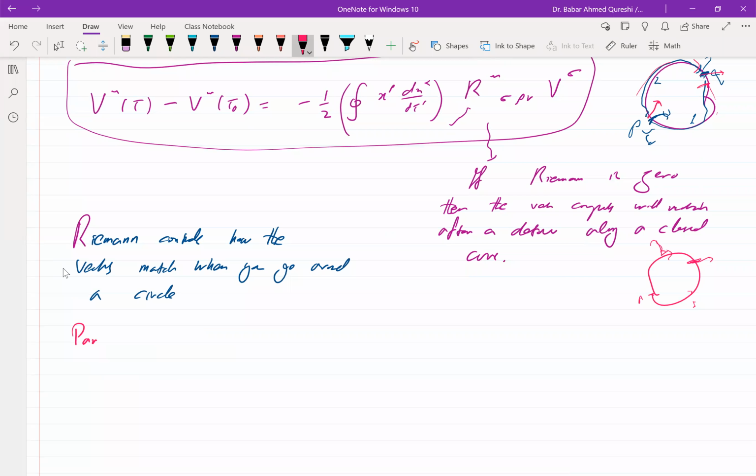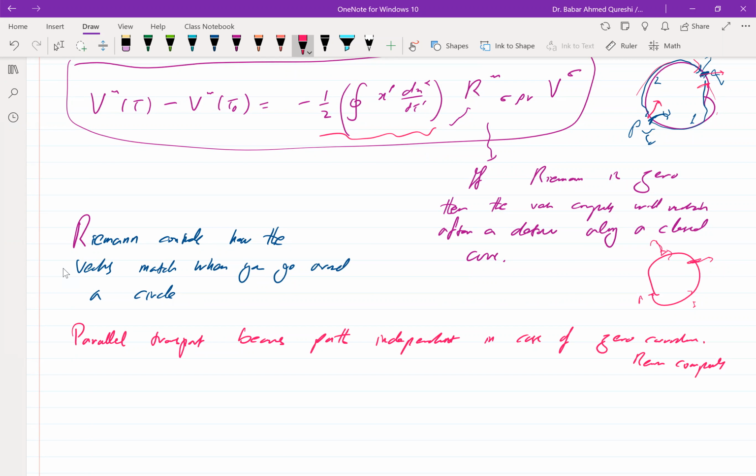Let me write it here. Parallel transport becomes path independent in case of zero curvature or zero Riemann components.